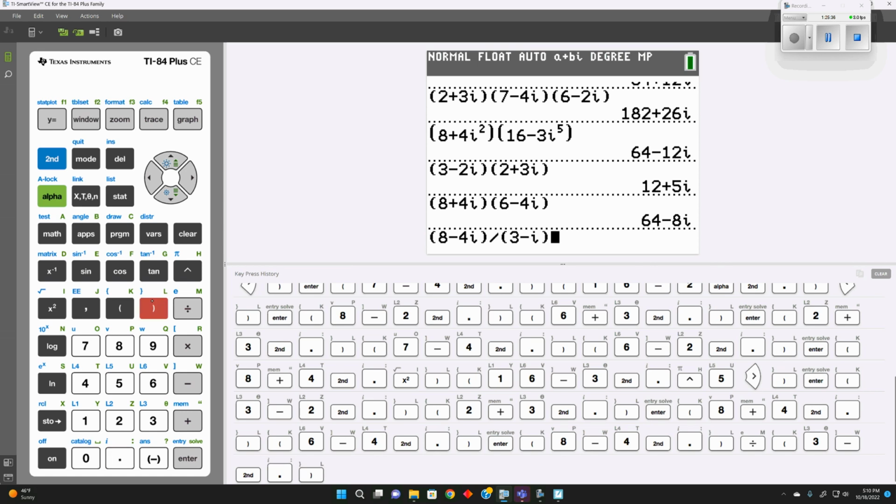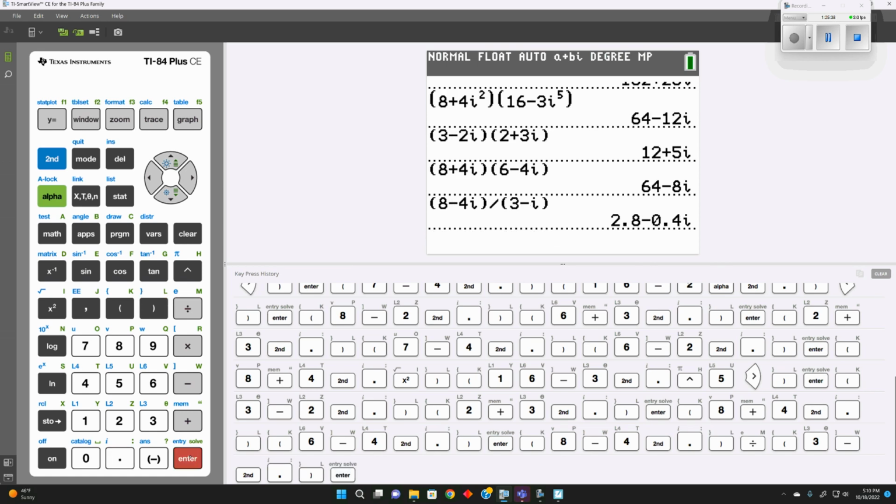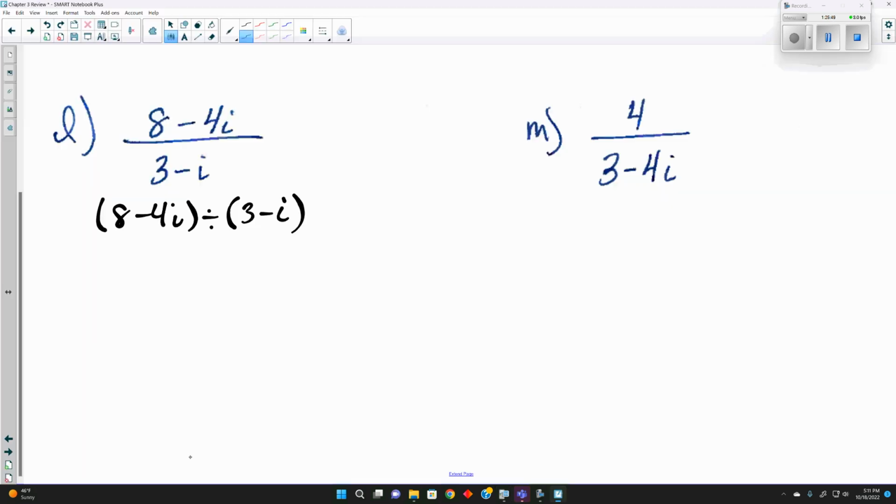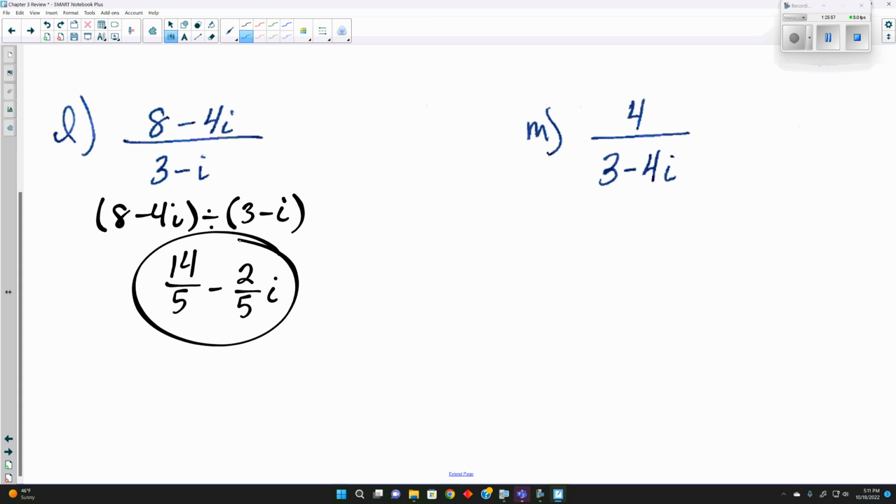And again, when we divide, we'll need the parentheses, otherwise it will not give us the correct answer. Now once we get it as decimals, we can go math, enter, enter, and it'll tell us that the answer is 14/5 minus 2/5 i.